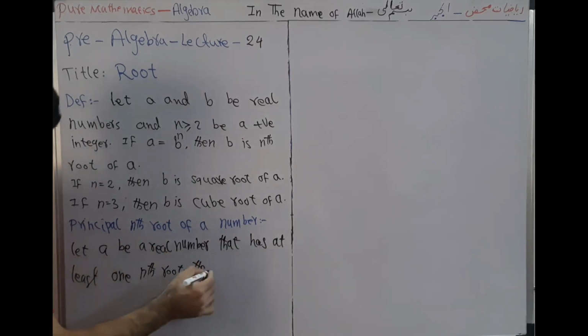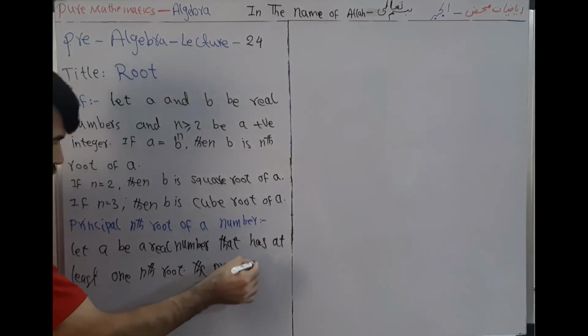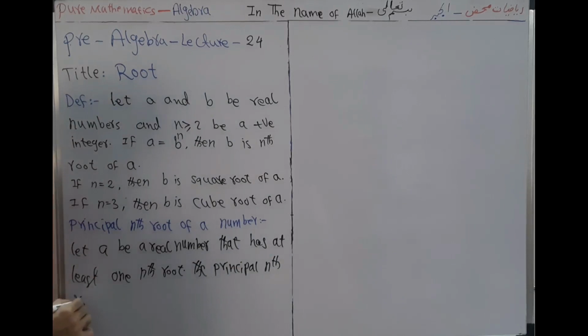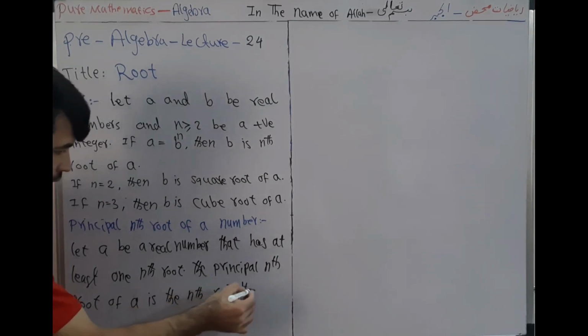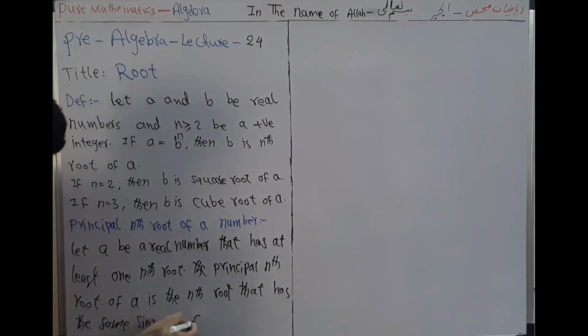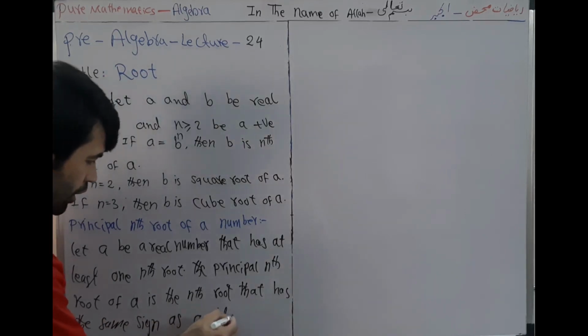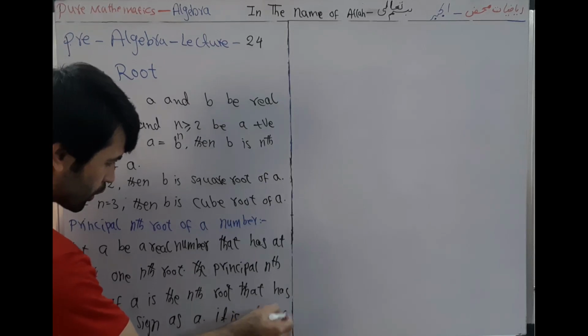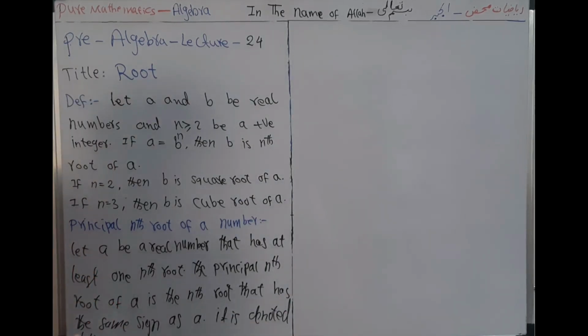The principal nth root of a is the nth root that has the same sign as a. It is denoted by a radical symbol.